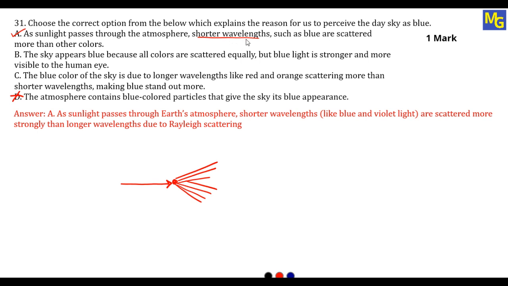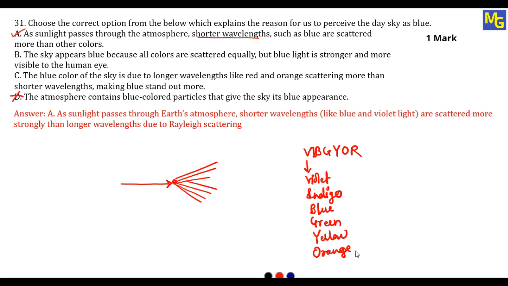Now what do you mean by shorter wavelength? So we have VIBGYOR. We have 7 colors, that is VIBGYOR. What is VIBGYOR? V I B G Y O R. V means violet, I means indigo, B means blue, G means green, and then comes yellow, then orange, and last it is red.